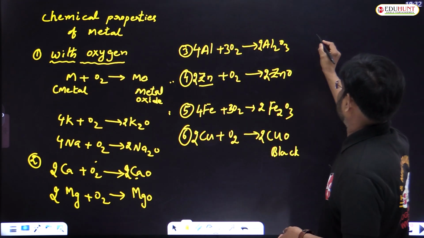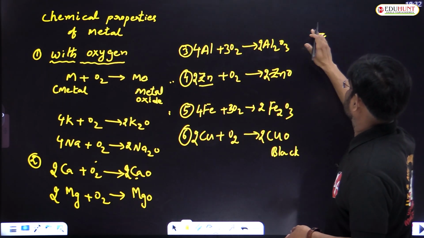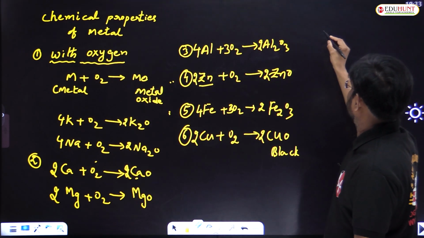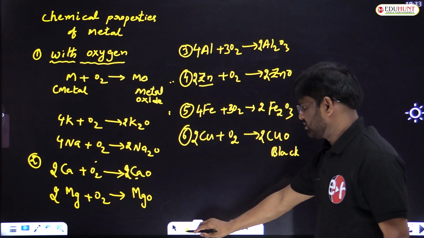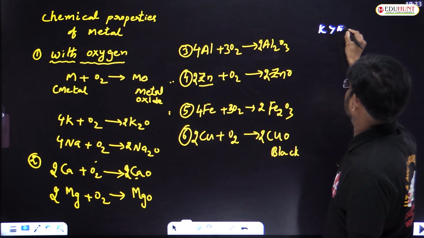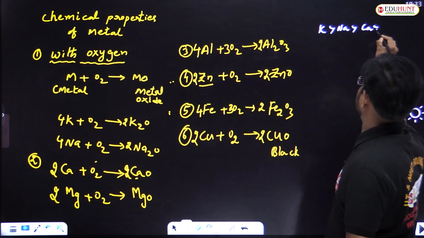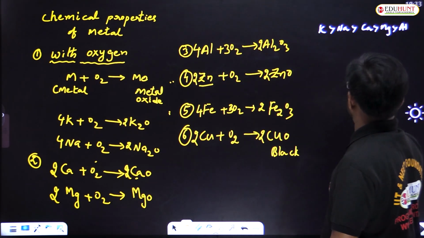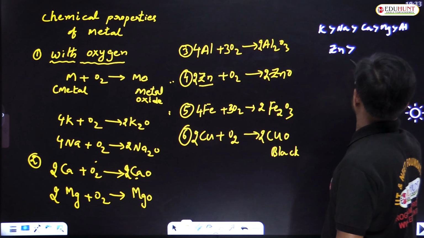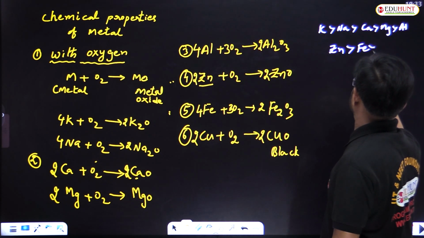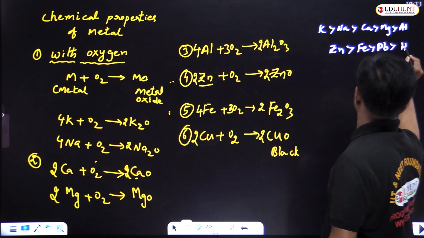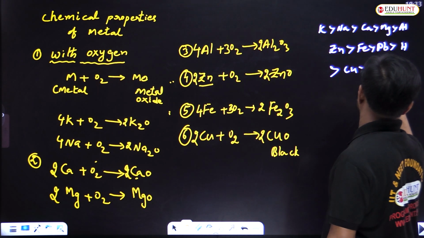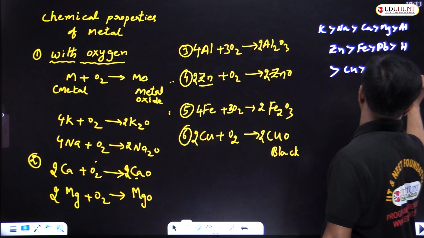See here, the reactivity of metals: potassium is greater than sodium, is greater than calcium, is greater than magnesium, is greater than aluminium, is greater than zinc, is greater than iron, is greater than lead, is greater than hydrogen, is greater than copper, is greater than mercury, is greater than silver, is greater than gold.